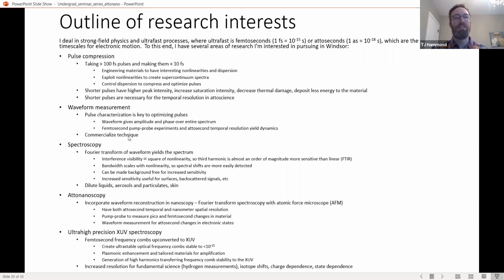So by very sensitive waveform measurements, we can measure the spectrum extremely carefully. If we can make this waveform measurement sensitive enough, that is how we want to incorporate it with attonanoscopy, because this is going to be a very weak signal since we have very few electrons involved. So we need very sensitive detection techniques. Those are the projects that we're currently working on.